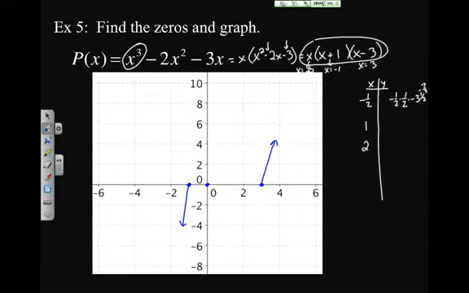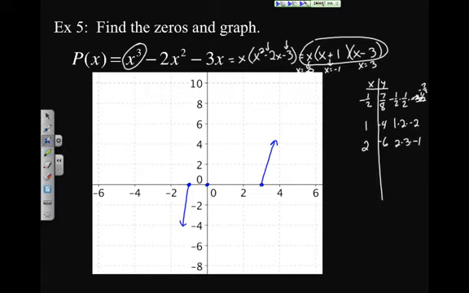Negative 7 halves. So that gives us positive 7 over 8. So 7/8, and we'll put that in there in a little bit. If we put in a 1, we'll have 1 times 2 times negative 2, so that's negative 4. And if we put in a 2, we'll have 2 times 3 times negative 1, which is negative 6.